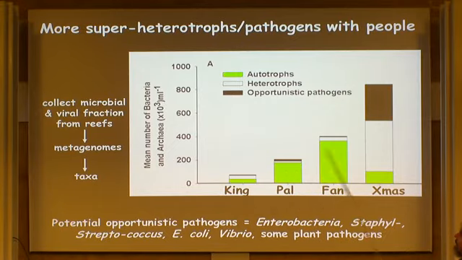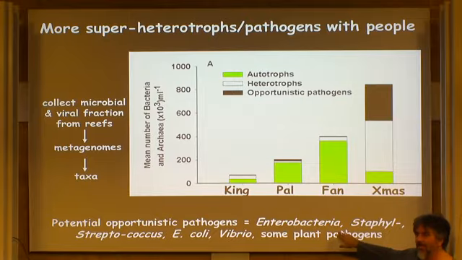Then there's this whole regime shift where you gain all these microbes, and in particular you gain this fraction which we would call opportunistic pathogens or potential pathogens. And these are real pathogens. These are the marine equivalents of E. coli. I mean literally, they're just bad guys.